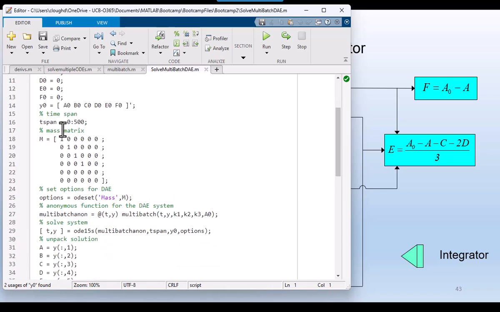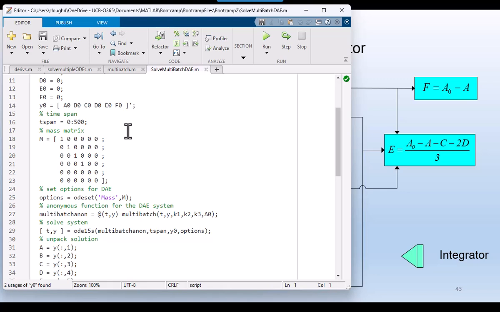And then we're saying that we want to solve this system from 0 to 500 minutes. And you'll notice that the first solution we did, just A plus B going to C, we only solved that for the first 20 minutes. So there's evidently more going on here.